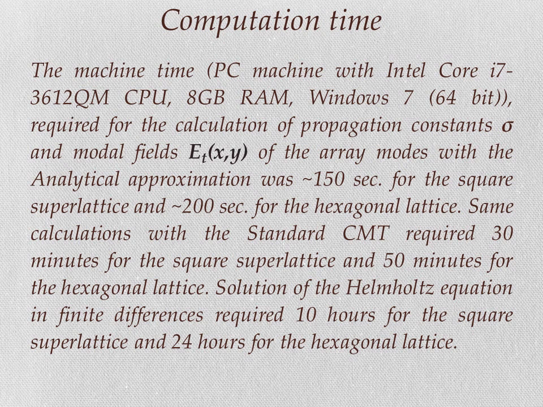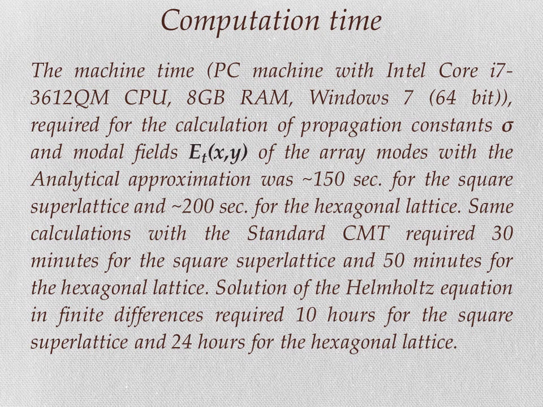In our computations, we used a standard PC machine with Intel Core i7 CPU and 8 GB RAM. The machine time required for the calculations of propagation constants and model fields of the array modes with the analytical approximation was about 150 seconds for the square superlattice and about 200 seconds for the hexagonal lattice.